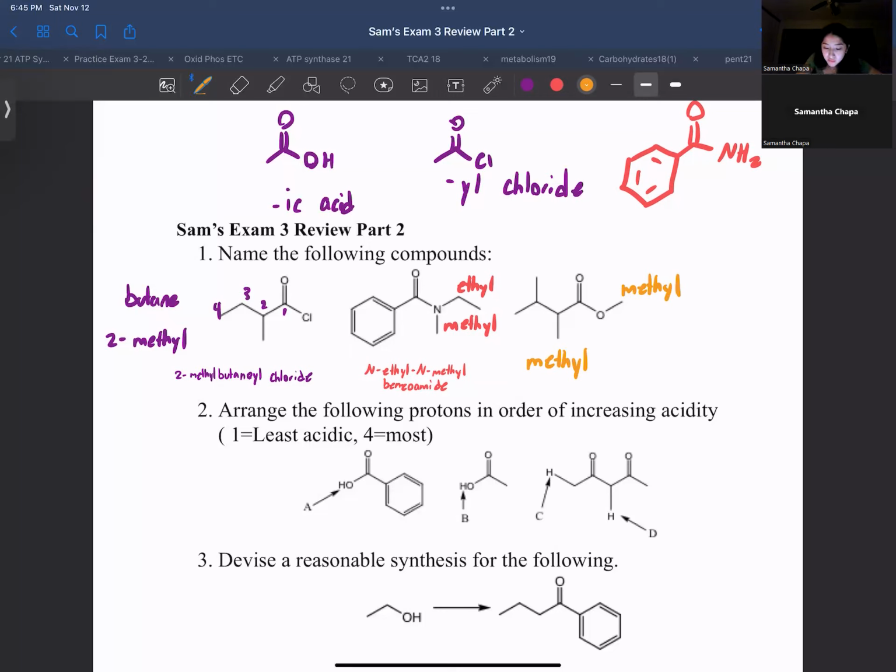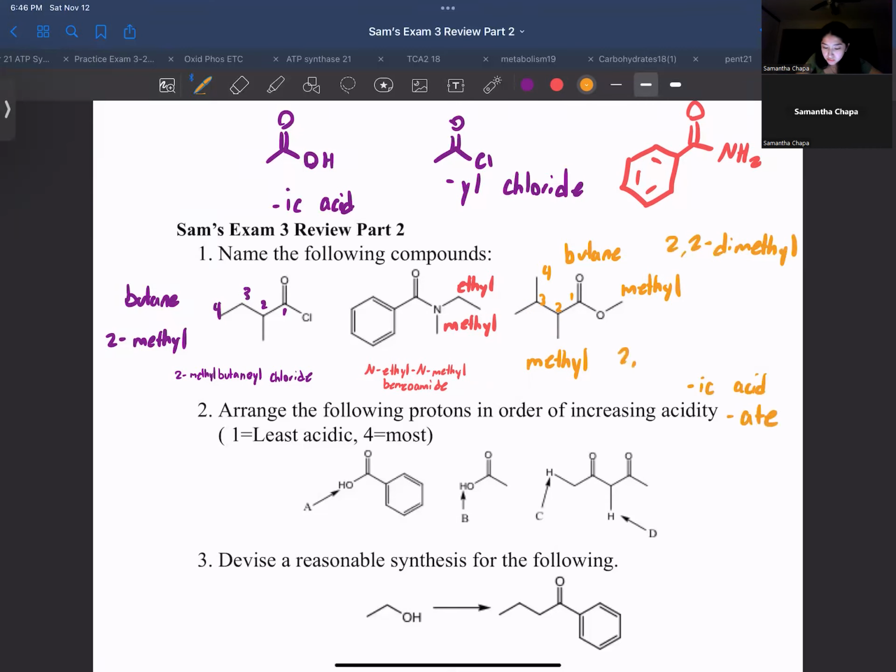So I'm going to start off again with the carbonyl carbon as number 1, and I number my longest chain. My longest chain is a butane. But I also have 2 substituents coming off of my butane that are the same. They're 2 methyl groups. So I'm going to put 2,2-dimethyl. 2,2-dimethyl butane. And so this one's going to be like the oic again. So instead of the ic acid, you put ate.